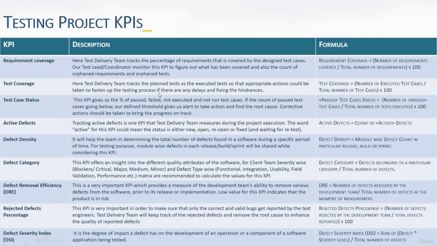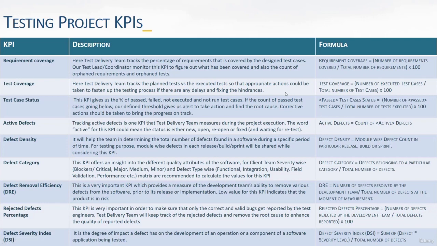And then the test requirement coverage: the number of executed test cases divided by the total number of test cases multiplied by 100. Here the delivery team tracks planned tests versus executed tests so that appropriate action can be taken to speed up the testing process. And if there are any delays and fixes, you need to make sure of them.